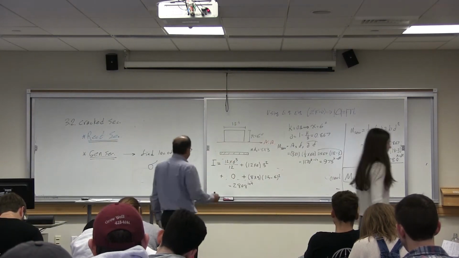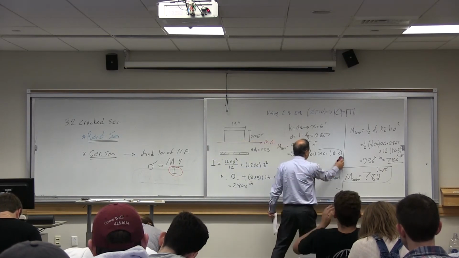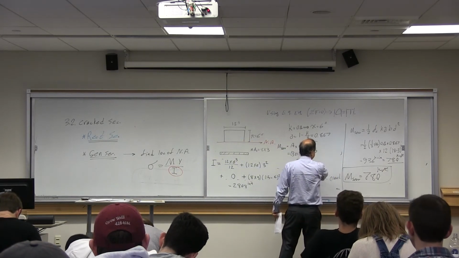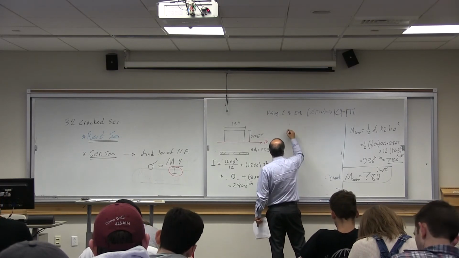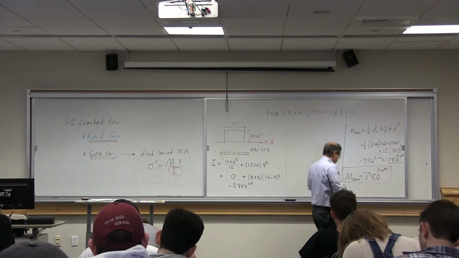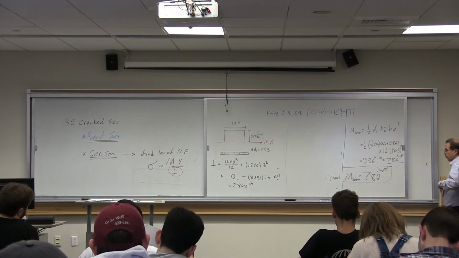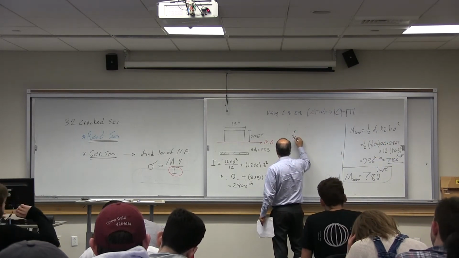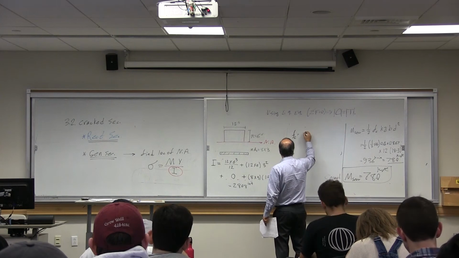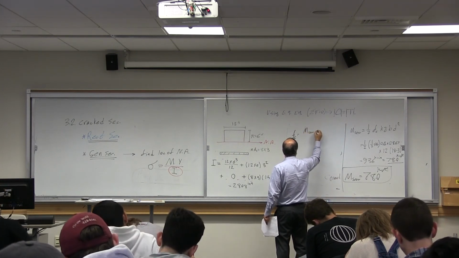So in any case, we have this moment of inertia, and then we can use that to calculate. Let me not, I erased it anyway. So when we use that moment of inertia to calculate the stress, we say Fc is equal to M service times what?